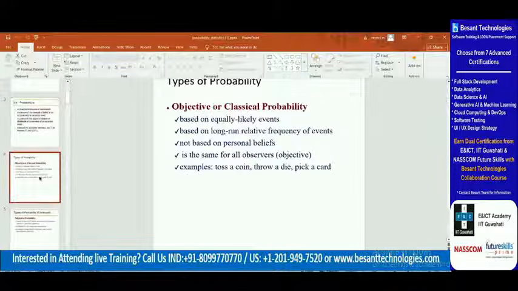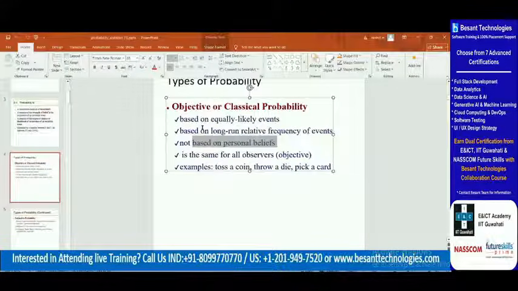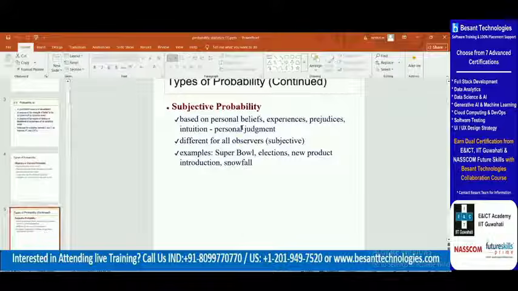In classical probability, you have equally likely events, for example, tossing a coin, throwing a die, picking a card. And subjective probability means the occurrence is not confirmed.